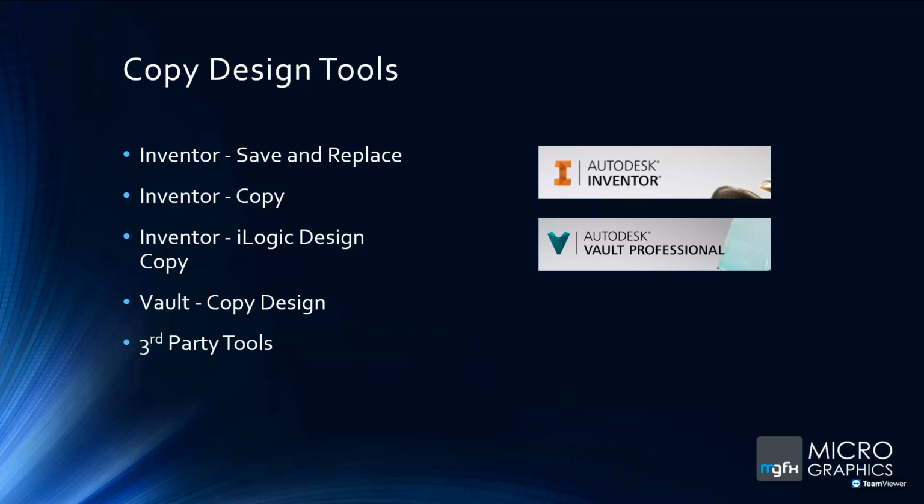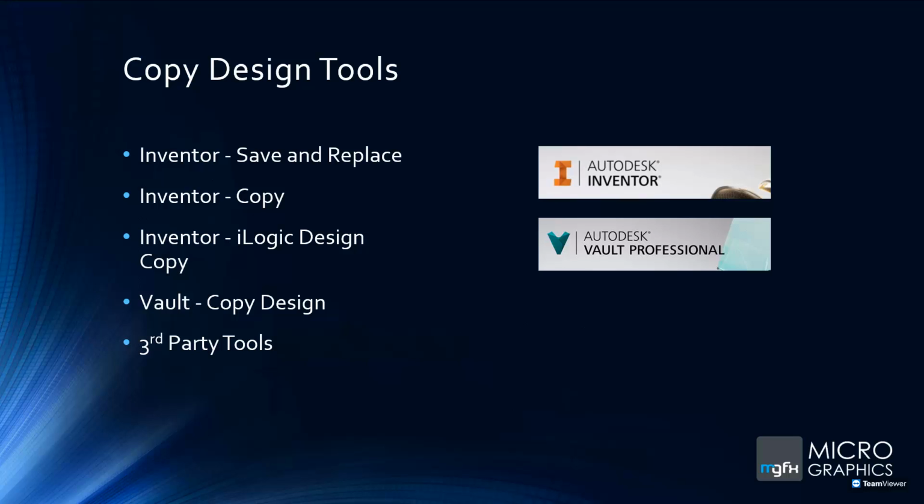It will list all of the Inventor files as well as any related non-Inventor files, and give you the option to select the files that you want to copy. This is a little bit limited when it comes to naming. You can only really add prefix and suffix names, but it does include one or two other useful settings. So those three are built directly into Inventor for duplicating design information.